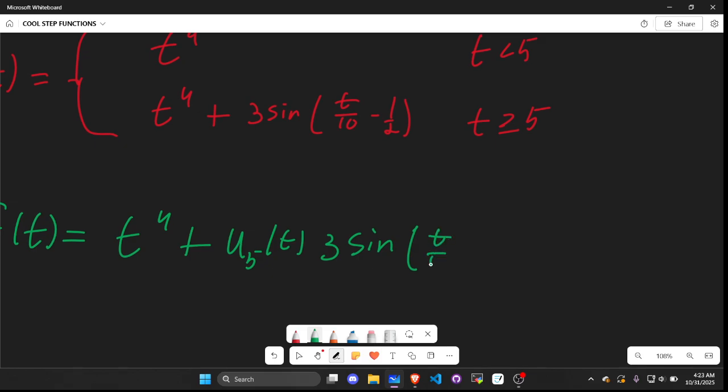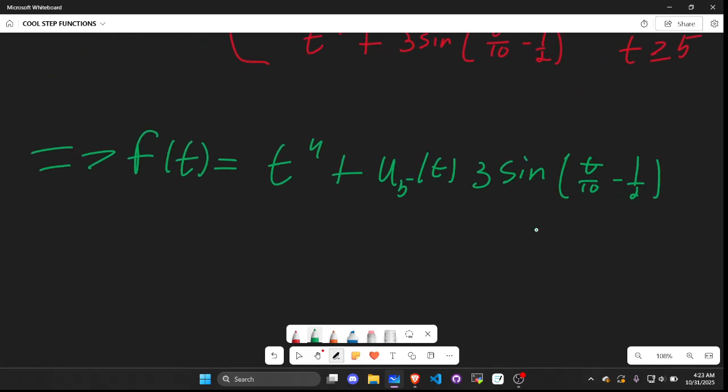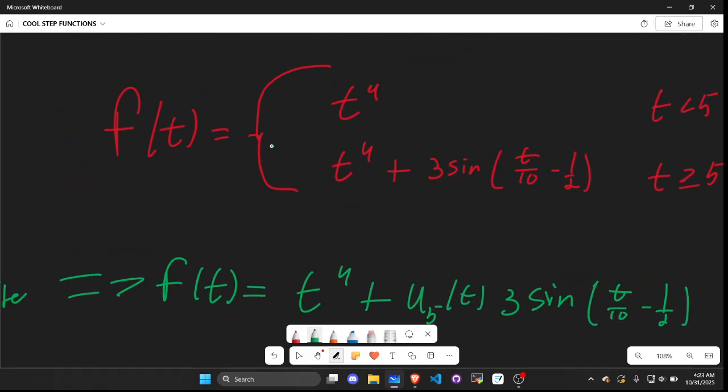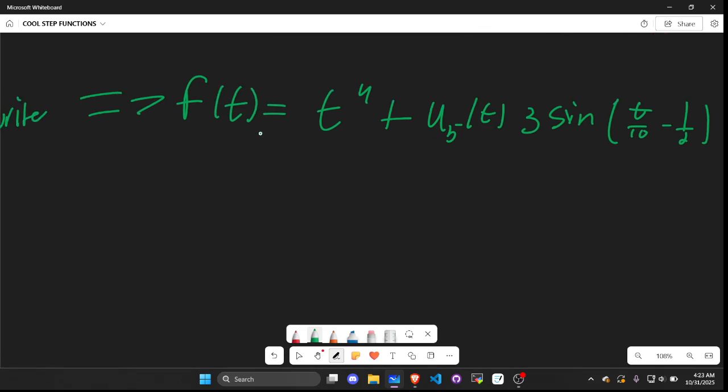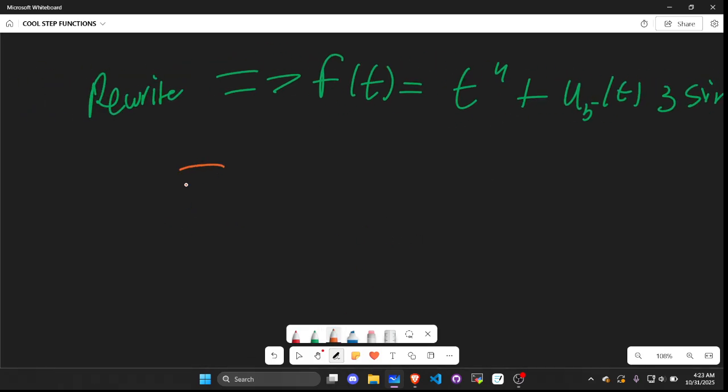And yeah, t over 10 minus 1/2. So we basically converted it from a piecewise to one function. Now, we want to take the Laplace transform, so we're going to do that, because why not?